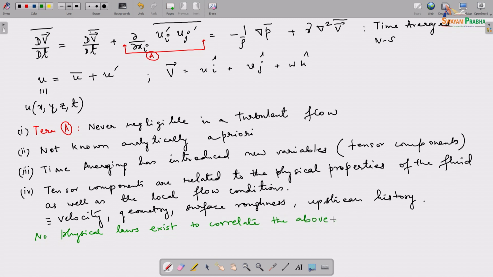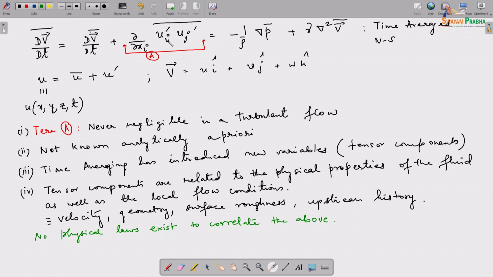So what exactly am I talking about here? We have this term here, and this is basically a single component of velocities. It has 9 components, which is essentially a tensor component.